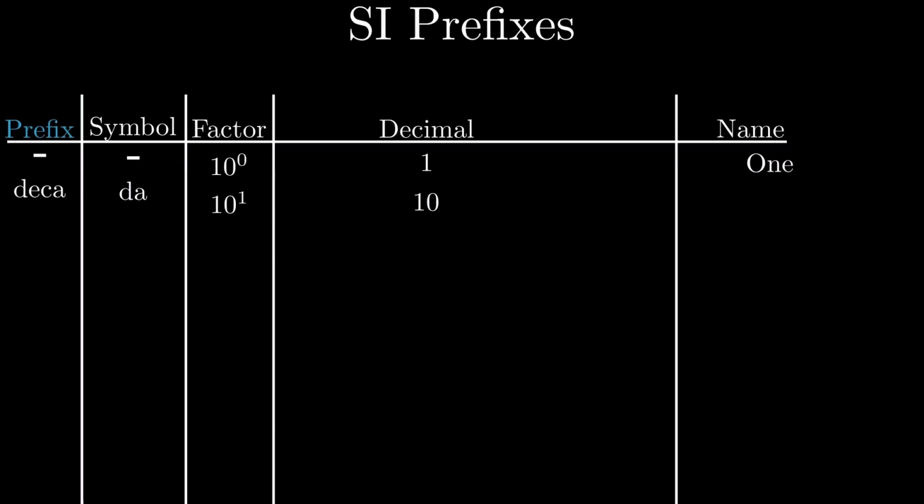Okay, so deca is 10. So da, you see 10 to the power 1. Hecto is 100. So you replace that with 10 squared. You will see kilo in many calculations.